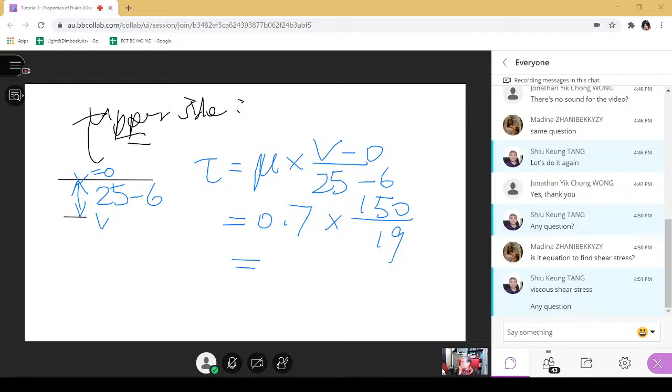Let's do some calculations. 0.7 times 150 divided by 19 millimeter is about 5.526 Newton per square meter.